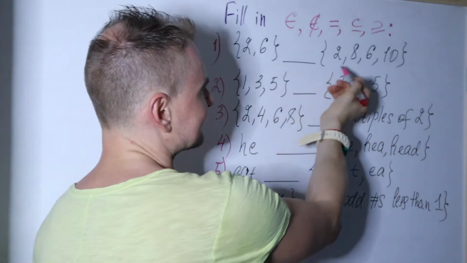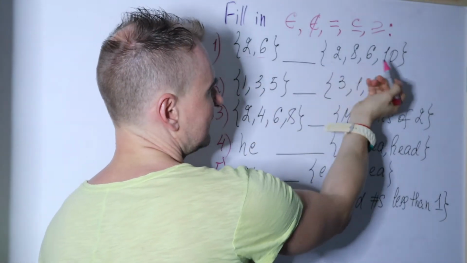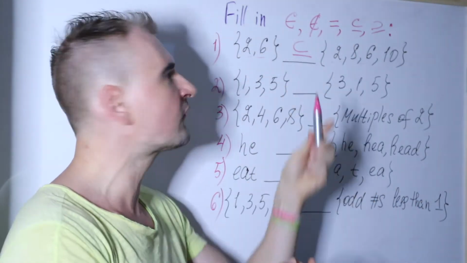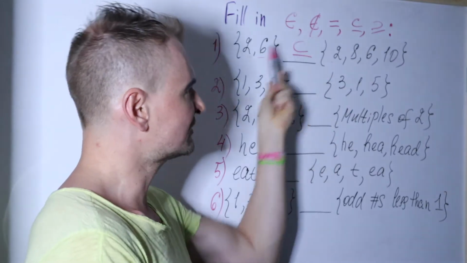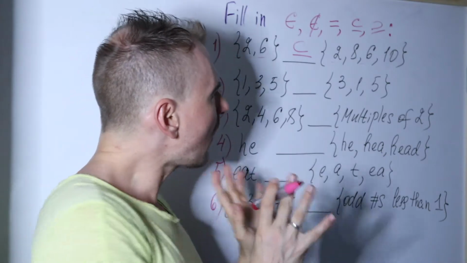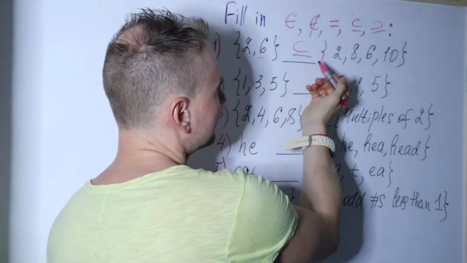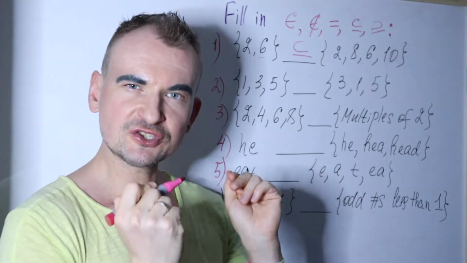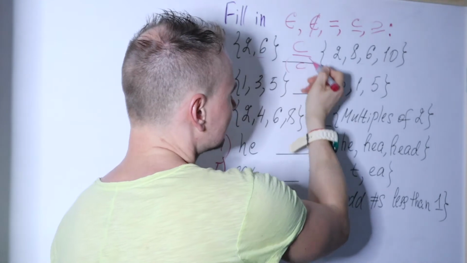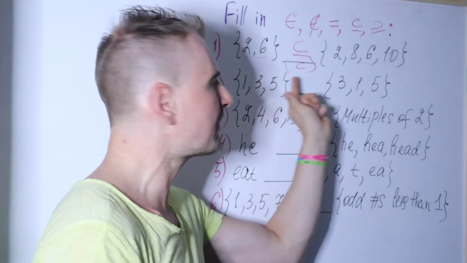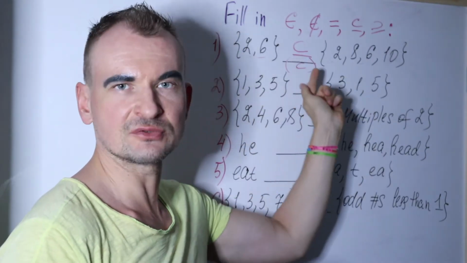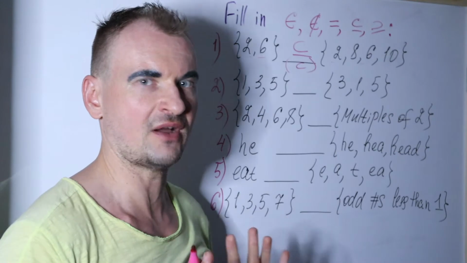Since 2 and 6, these two elements, are here, definitely the first set is a subset of the second set. On top of this, if it comes to a proper subset, you could also write this strict symbol for a proper subset. It's also true. So either of these symbols are fine.